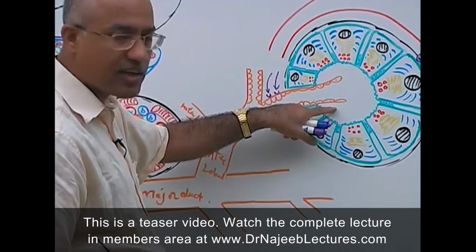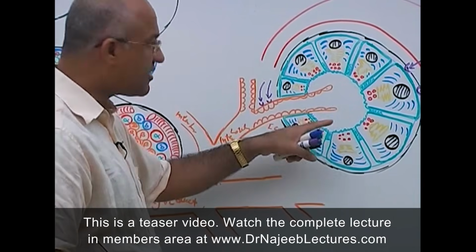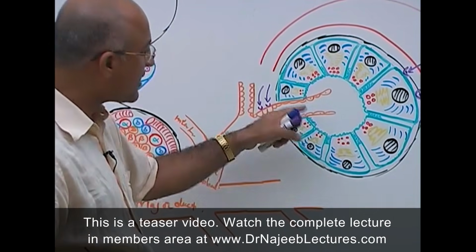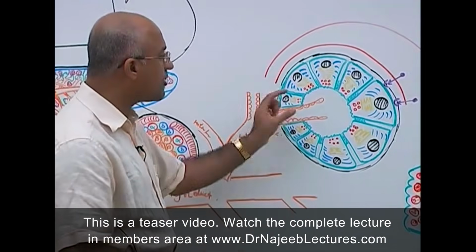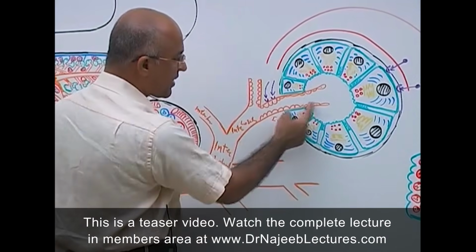And these cells of the duct which are extending into the lumen of the acinus are called centriacinar cells. What are these cells? These are centriacinar cells, right? But they are part of the intercalated duct. What is this duct? This is the intercalated duct.